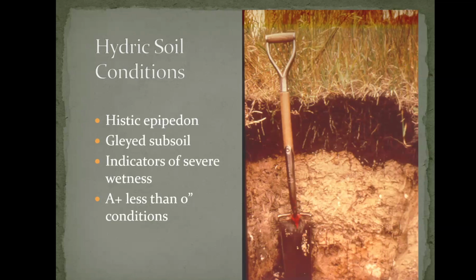It's actually a gley topsoil. So this would be our A plus less than 0 conditions. I know in the code we have that for suitability. This is A plus, less than A plus 4, or sometimes we'll call it A plus 0. We've got the A horizon, and we're immediately right into gley, or oxidized or reduced conditions.